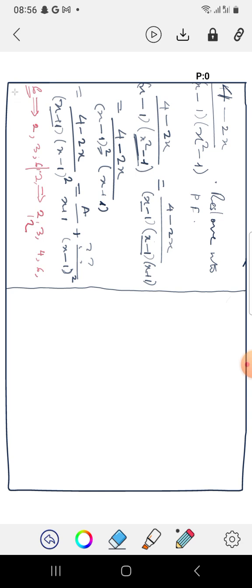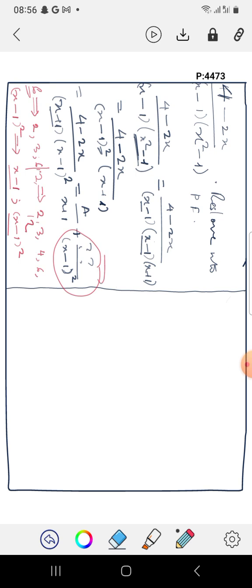So when we look at x minus 1 squared, we know it has a factor of x minus 1. It also has a factor of x minus 1 squared. These are the possible factors of x minus 1 squared. And all this we need to put into consideration, meaning that this guy here is not going to be like this. It's going to be two-fold.